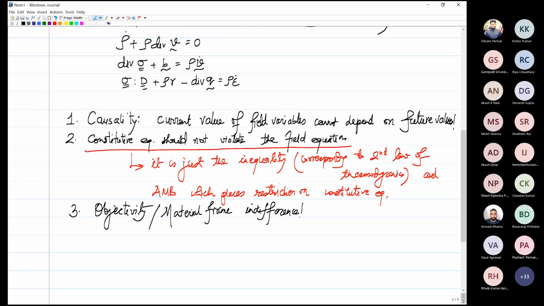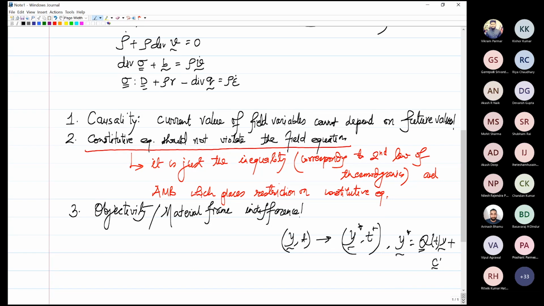Whatever constitutive equation we choose, the equation must be such that as you go from y, t to y star, t star, such that y star is equal to Q of t times y plus c of t, the equation must likewise undergo the transformation in the way we have discussed.